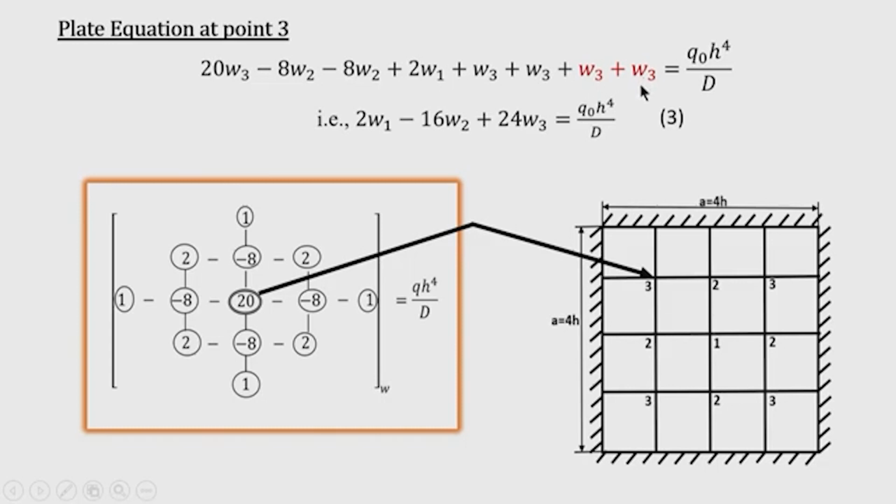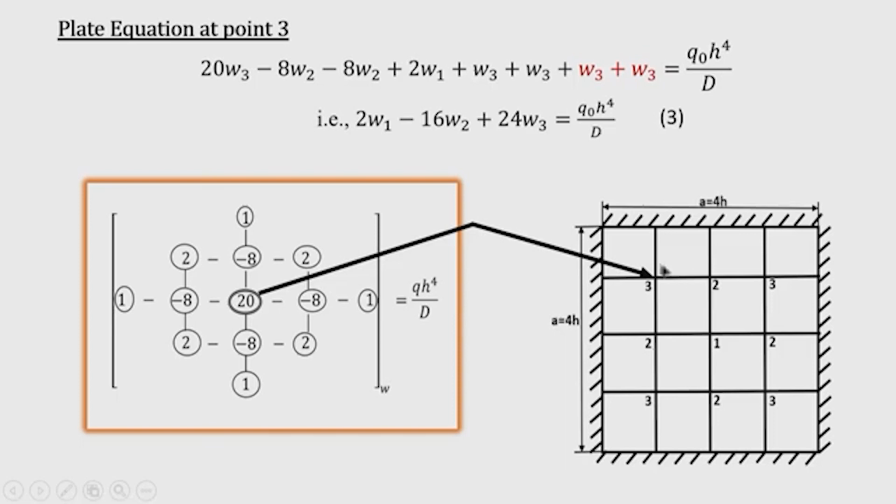Image points are node 3, and other values can be usually written: 20 W 3, minus 8 W 2, minus 8 W 2, plus 2 W 1, plus W 3, plus W 3. Only these reflect the image point corresponding to the imaginary point in the vertical as well as horizontal direction. So, we get 3 equations, and our unknowns are 3.